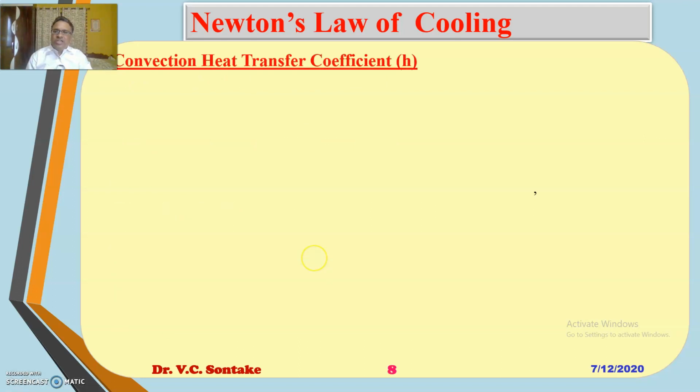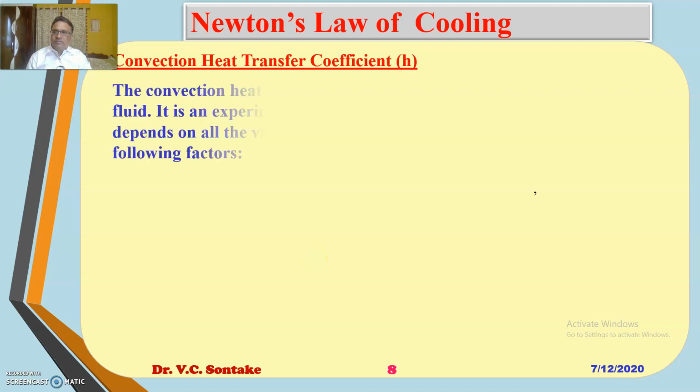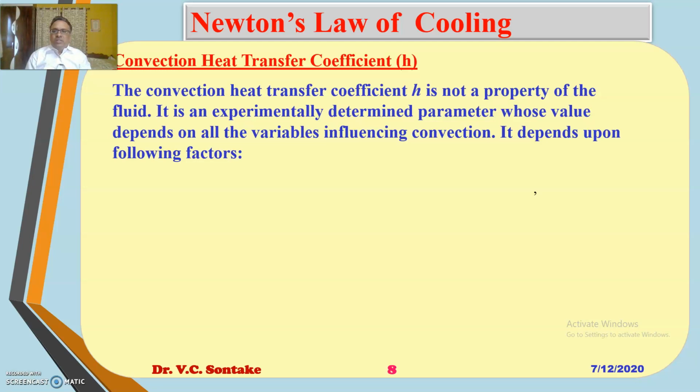Now let us talk in detail about this convective heat transfer coefficient. The convective heat transfer coefficient H is not a property of the fluid. Basically, it is an experimentally determined parameter whose value depends on all the variables influencing convection. It depends upon the following factors.